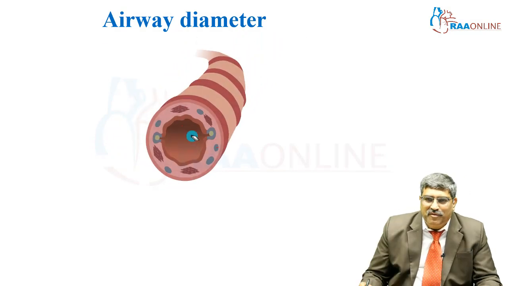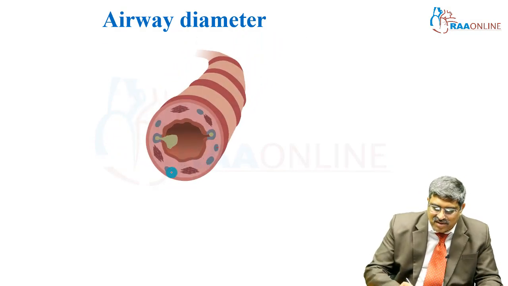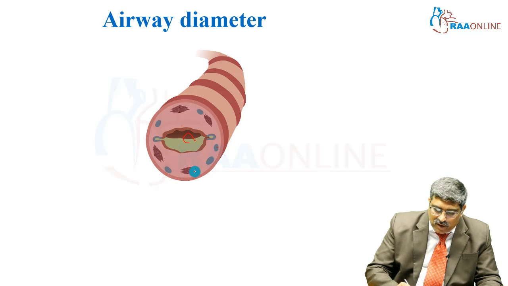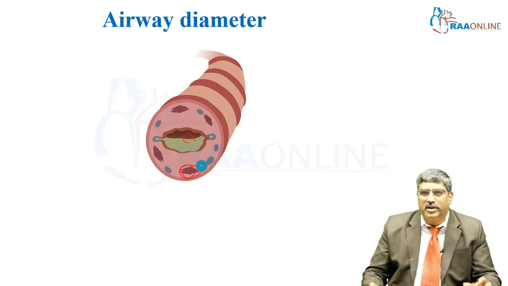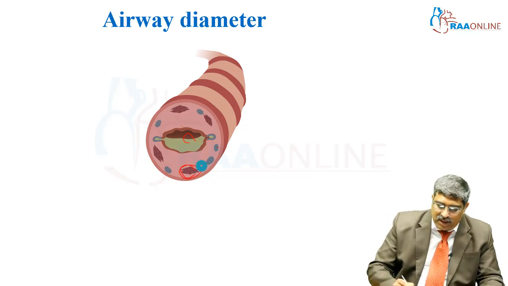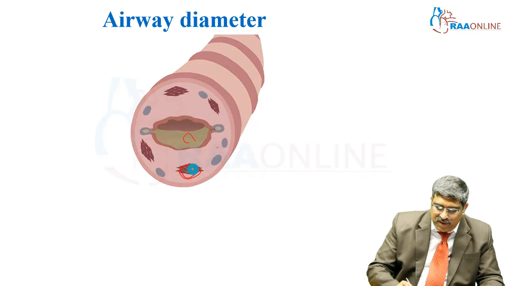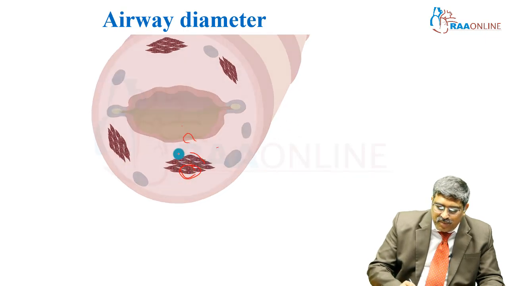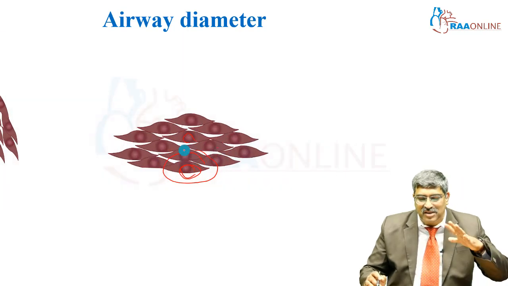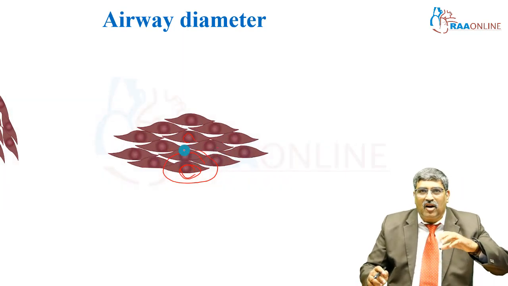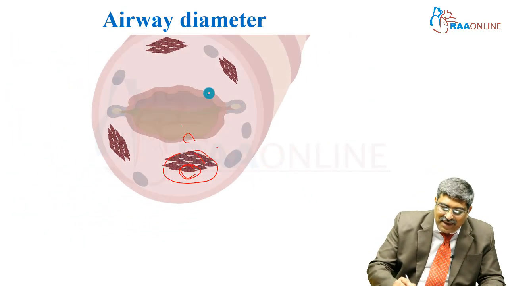Now, with fat deposits, the lumen is altered, and not only that, the smooth muscle function is also altered. If you zoom in properly, the smooth muscles which were present previously are altered and the contraction is lost. Therefore, the patency will be altered.